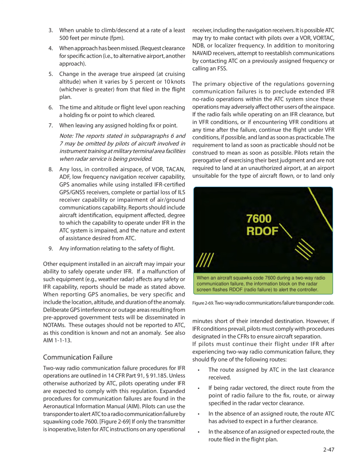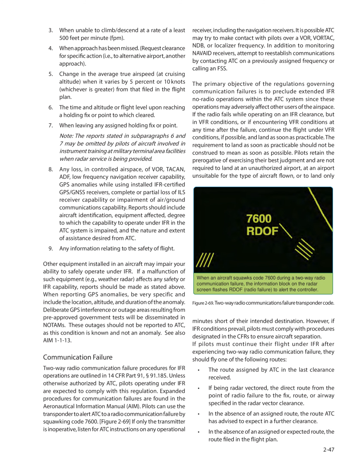Pilots can use the transponder to alert ATC to a radio communication failure by squawking code 7600, Figure 269. If only the transmitter is inoperative, listen for ATC instructions on any operational receiver, including the navigation receivers. It is possible ATC may try to make contact with pilots over a VOR, VORTAC, NDB, or localizer frequency.